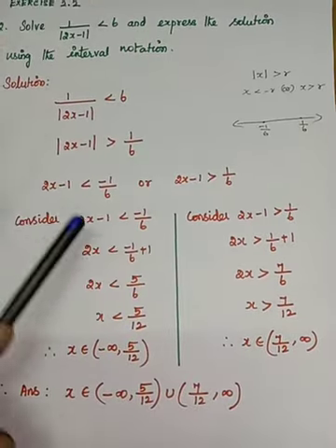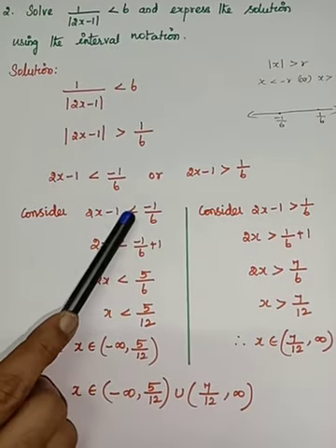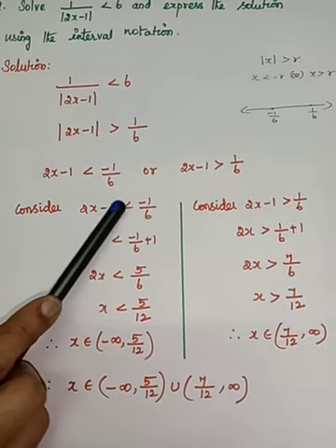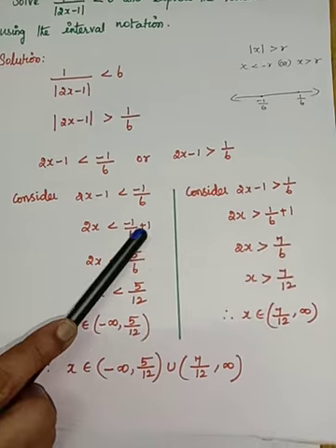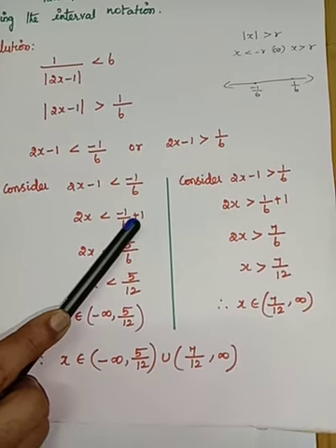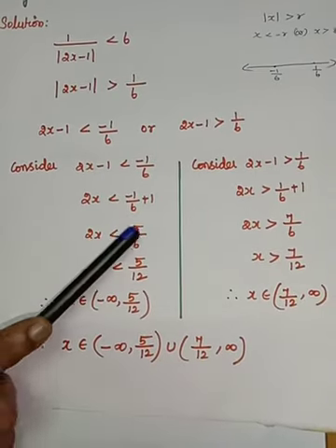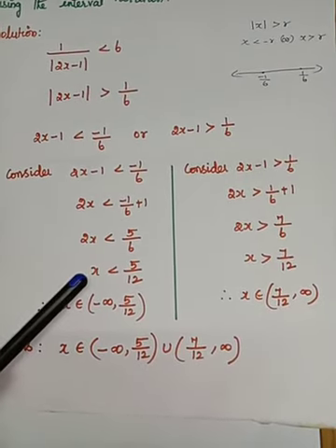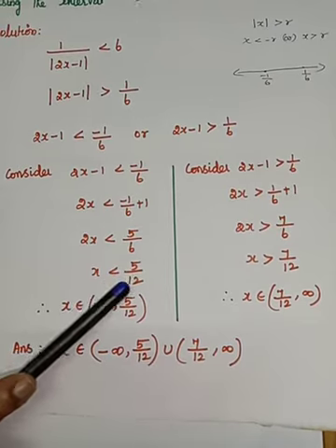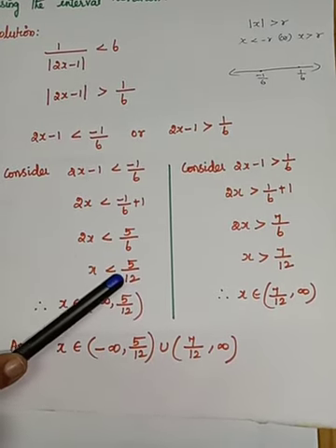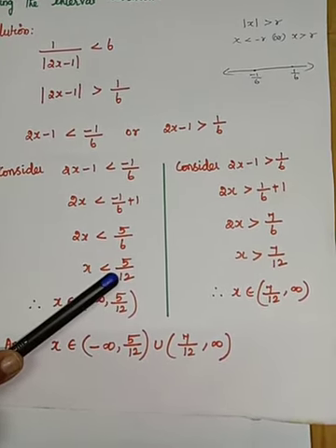You consider the first term, 2x minus 1 is less than minus 1 by 6. This minus 1, when you take it to the right side, it will become plus 1. When you take LCM, it is 5 by 6. 2x is less than 5 by 6, so x is less than 5 by 12, as this 2 will come in the denominator. 6 into 2 is 12.